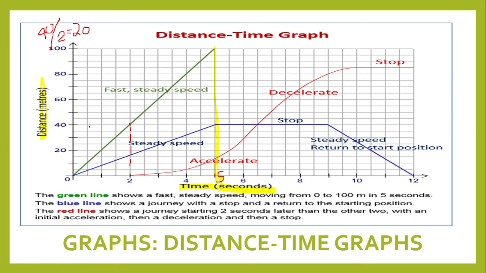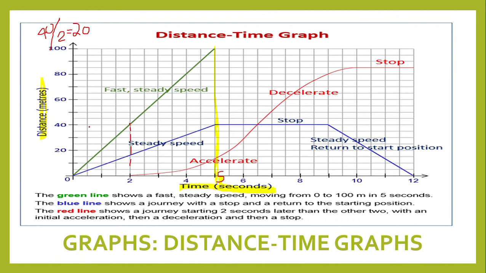Now, we have talked about straight inclined lines that are at an angle in the graph. What about lines that are horizontal or vertical? Before talking about the horizontal line, I want you to know that a vertical line basically means that the change in x value is 0. And what is the x value? X value is time. It is impossible for any object to travel any distance in no time.